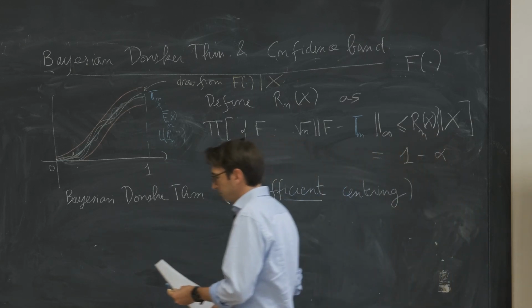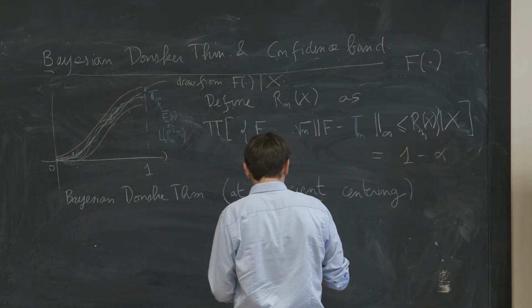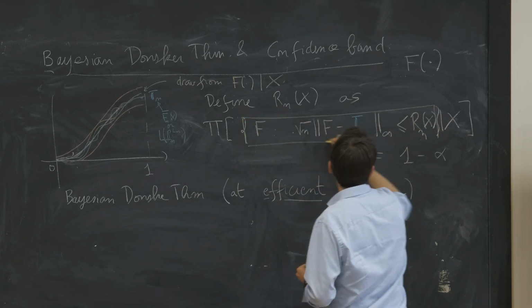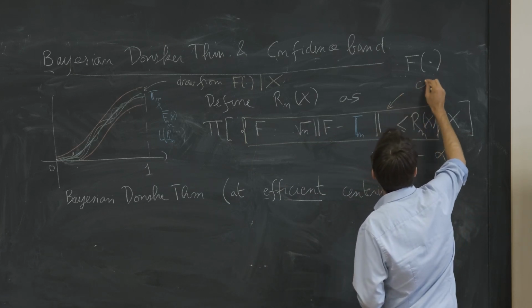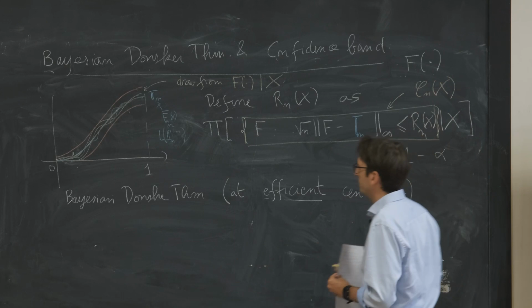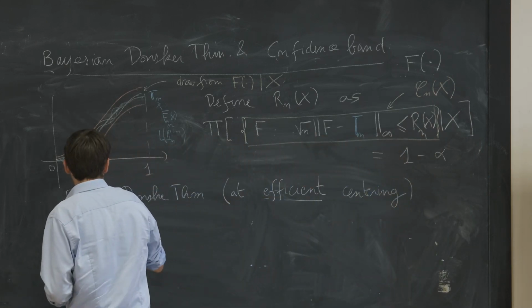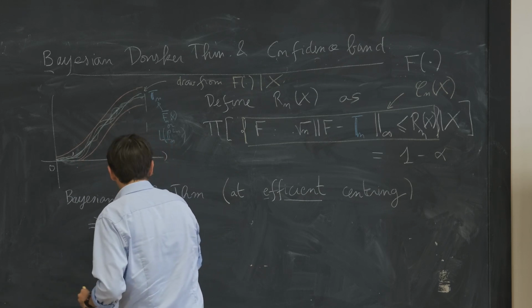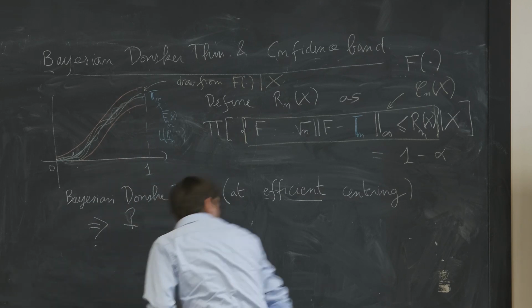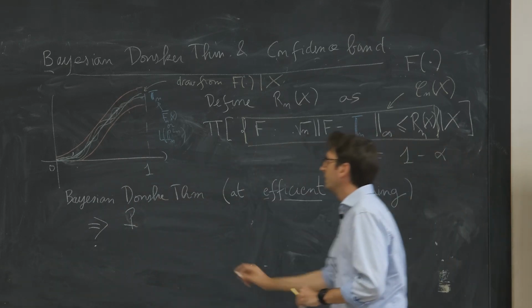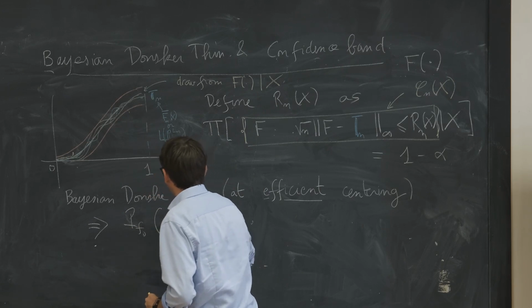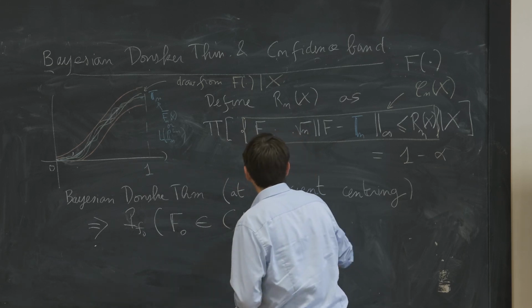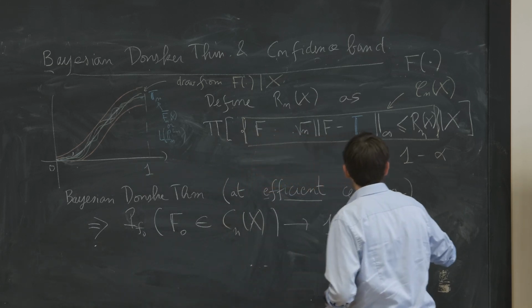So if we set Cn to be this set, then by essentially the same proof as the proof that quantile credible intervals are in fact confidence intervals asymptotically, Cn of x verifies the following: P under F naught that capital F naught belongs to Cn of x goes to 1 minus alpha as n goes to infinity.